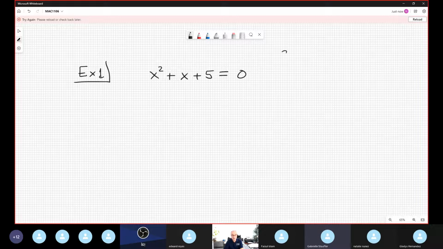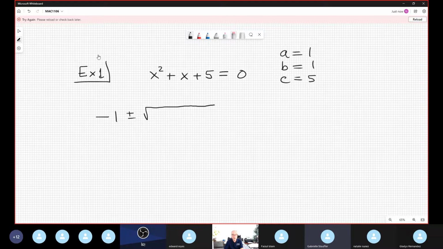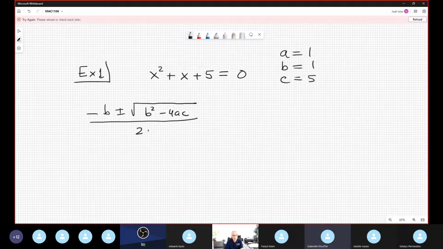So you immediately determine who is a, b, and c. a is 1, b is 1, c is 5. I'm plugging it into the quadratic formula. Let me copy the quadratic formula again at the beginning, and now you see the process: minus b plus or minus the square root of b squared minus 4ac, divided by 2a.